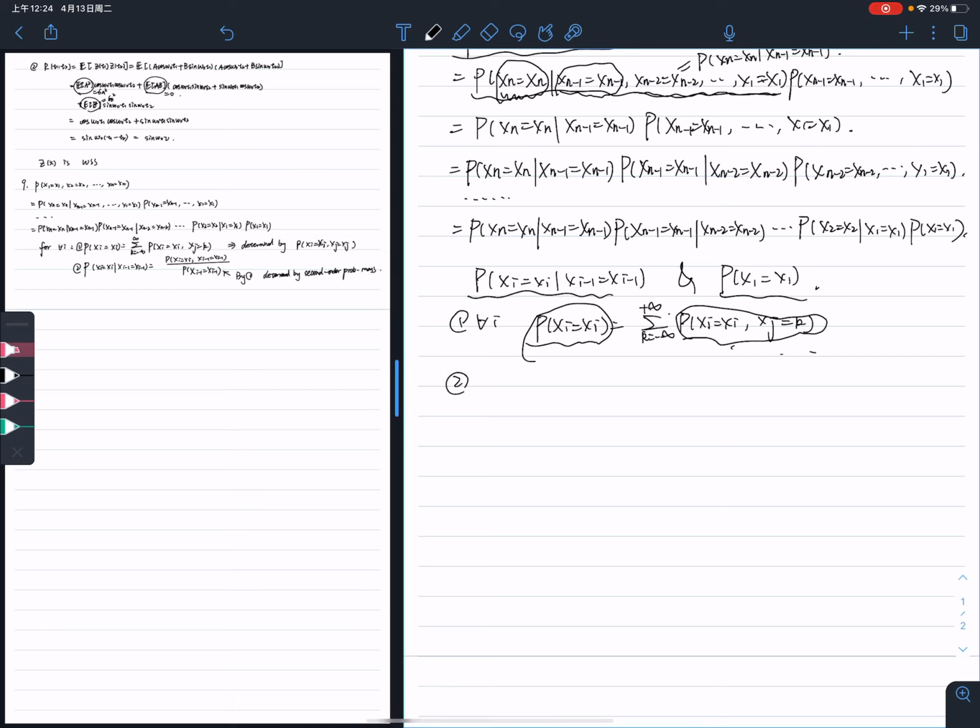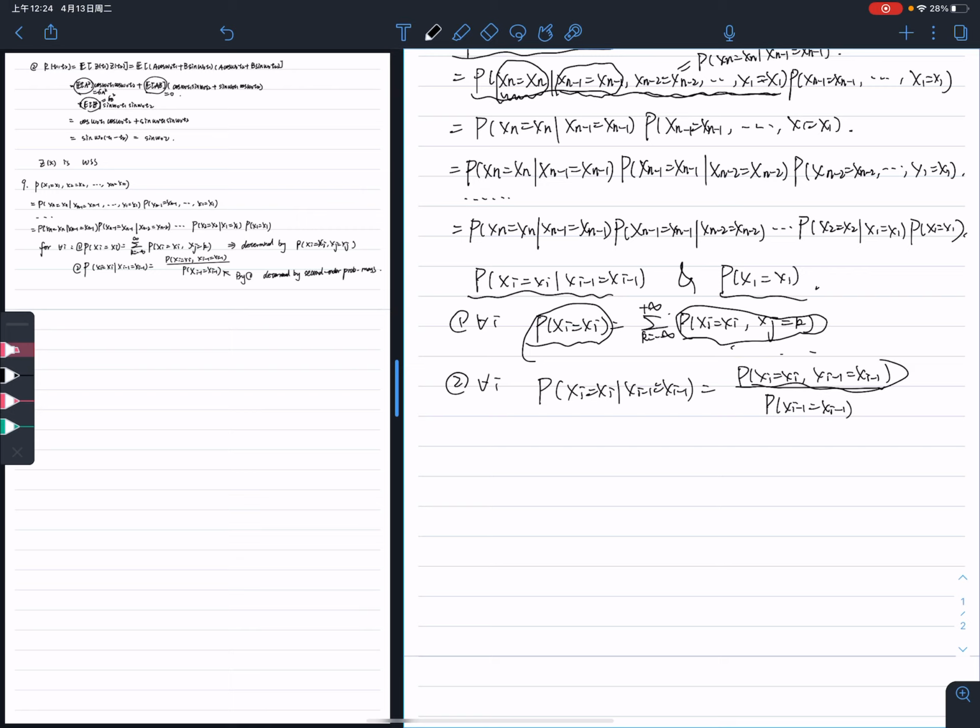So furthermore, we want to show that for arbitrary i, the conditional probability of Xi = xi given Xi-1 = xi-1, by the Bayes formula, should be equal to P(Xi = xi and Xi-1 = xi-1) over P(Xi-1 = xi-1).